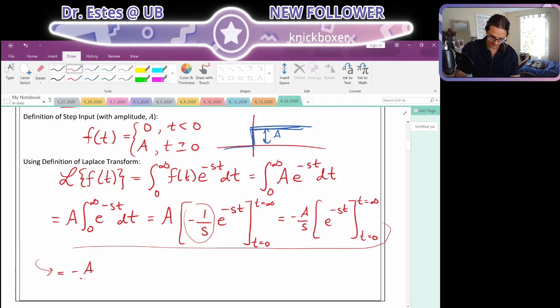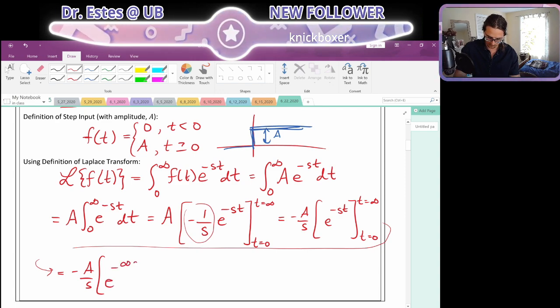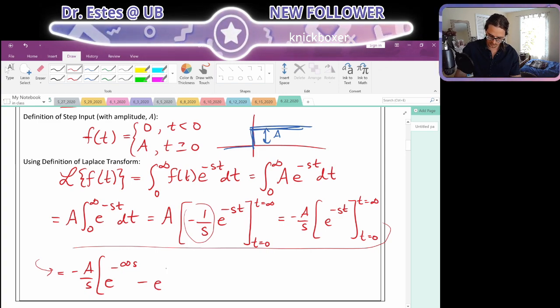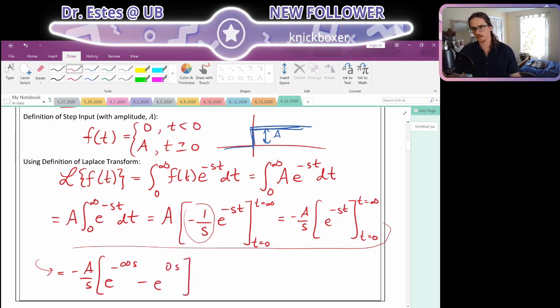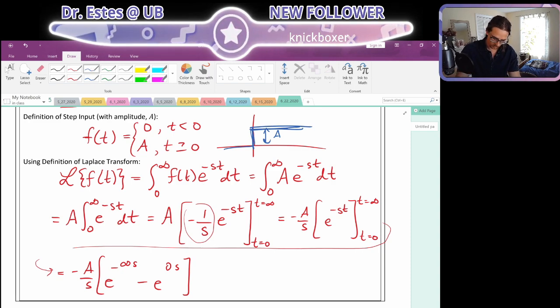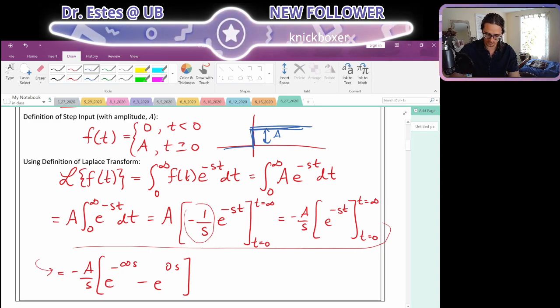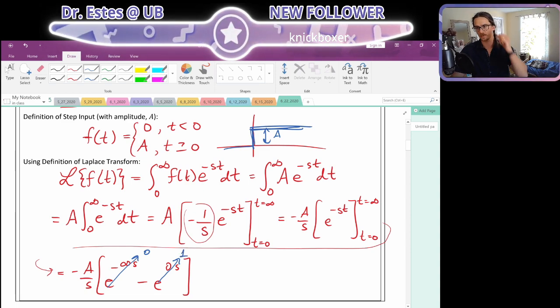So this is minus A over s. And now let's plug in those limits. e to the minus infinity times s minus e to the 0 times s. So I'm just plugging in those limits for t. And we know that e to the minus infinity is just 0. And e to the 0, because we have 0 times s, is 1.